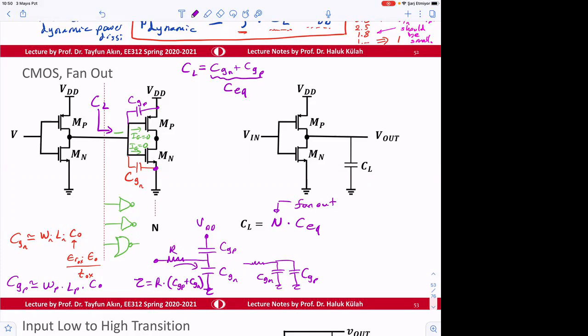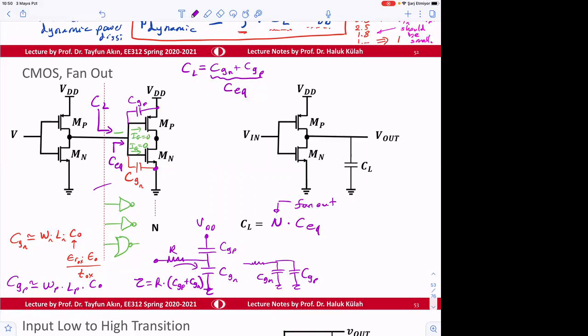If there are two inputs connected at the output, then its fan out is going to be 2. So this is how we calculate here the CL. Here for this analysis, we assume nothing else is connected, just this one, so CL will be equal to C equivalent.